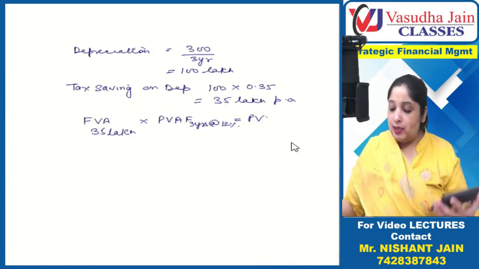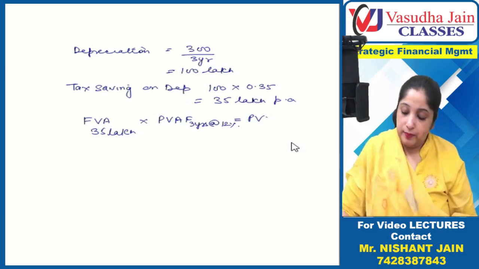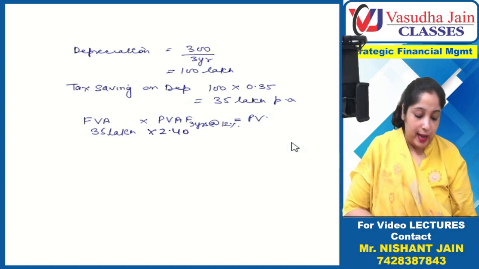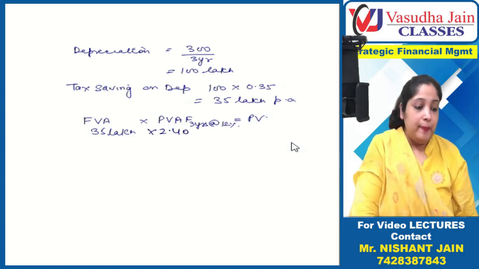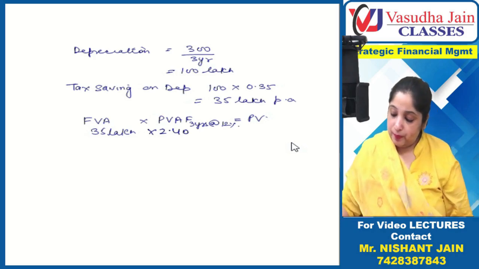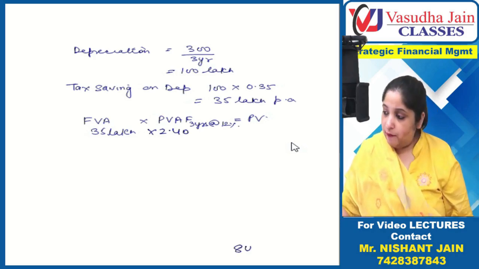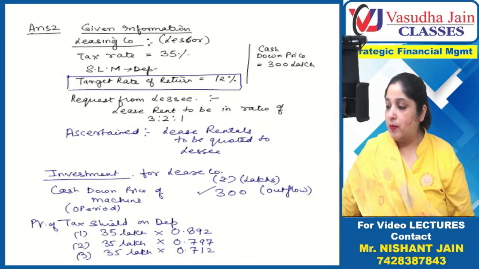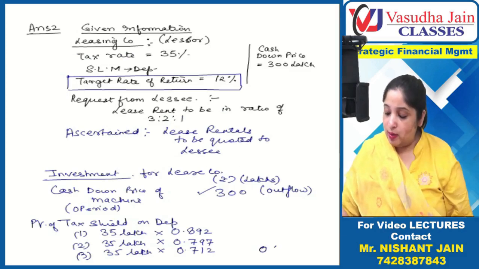So if you multiply this figure 2.40 with 35 lakh, you get 84.06.